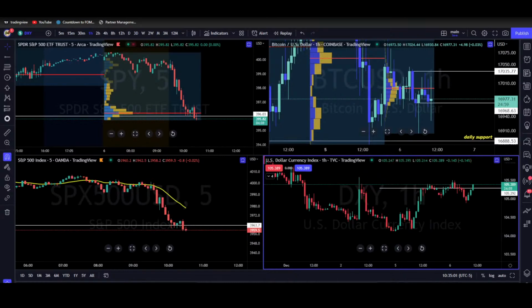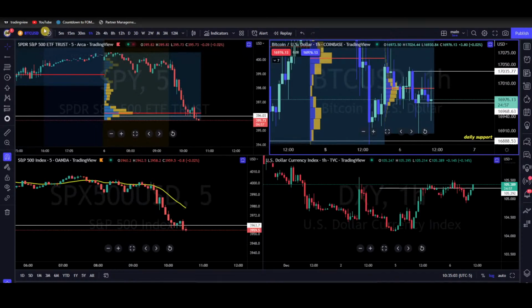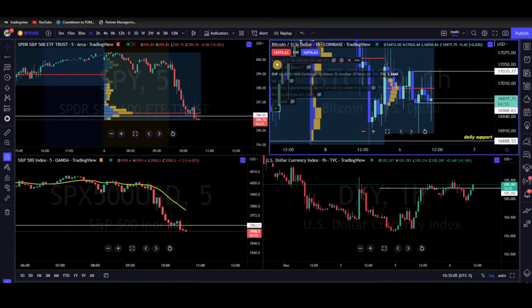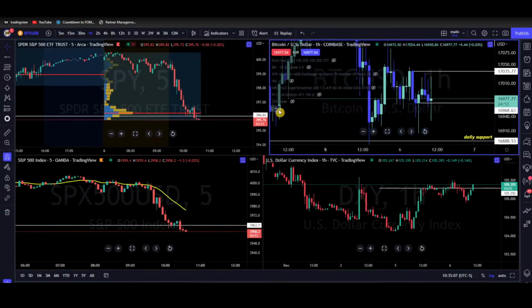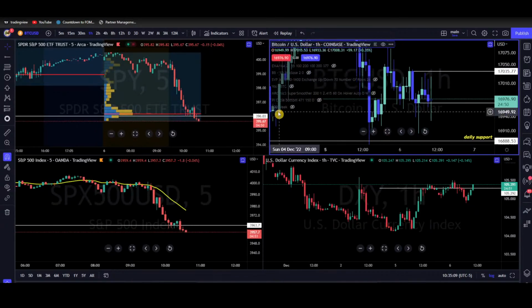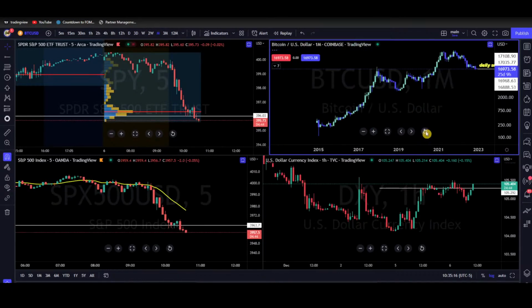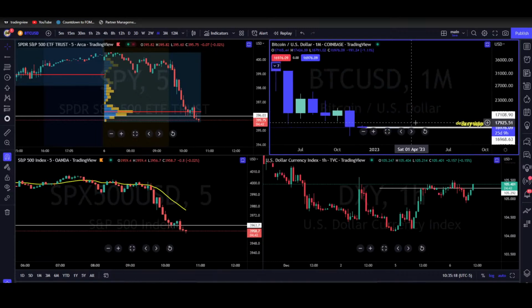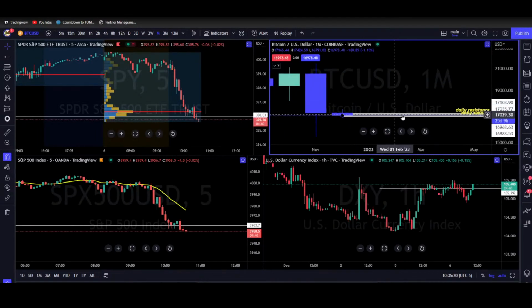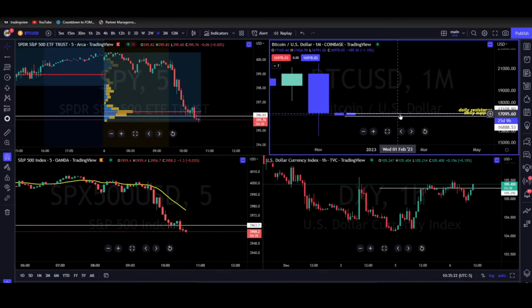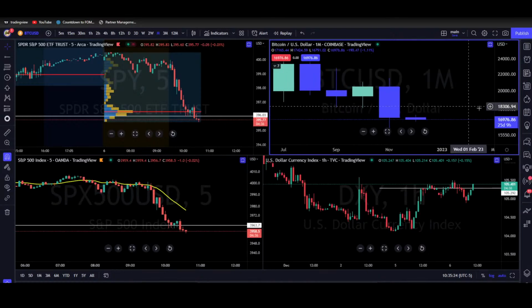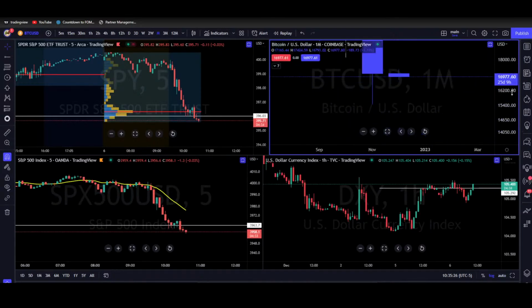Also, we had a terrible looking monthly candle on Bitcoin last month. What are you doing? Stop wigging out, dude. Yeah, it's pretty ugly.